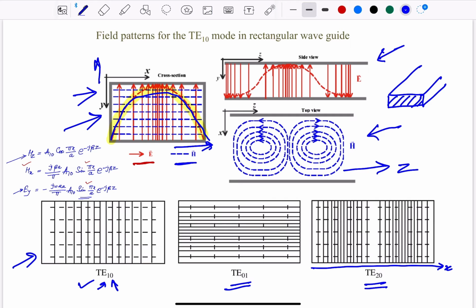Here you will find a maxima here and a maxima here, so there will be two half sine variations, correct, and that is why this is 2 0. And again, if you move in the y direction, you will find there is no variation, that is why this is 0.